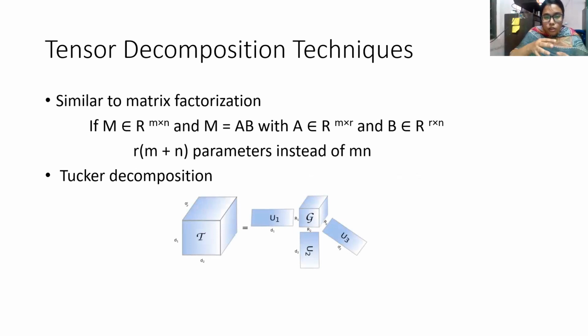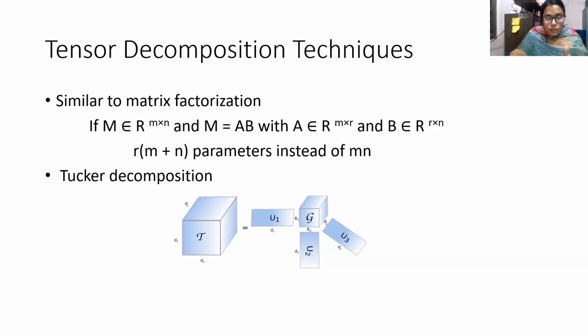Previously we described how a matrix is a multiple number of matrices multiplied together. But in these decomposition techniques, when it's three-dimensional, basically in this presentation we'll describe three-dimensional tensors.